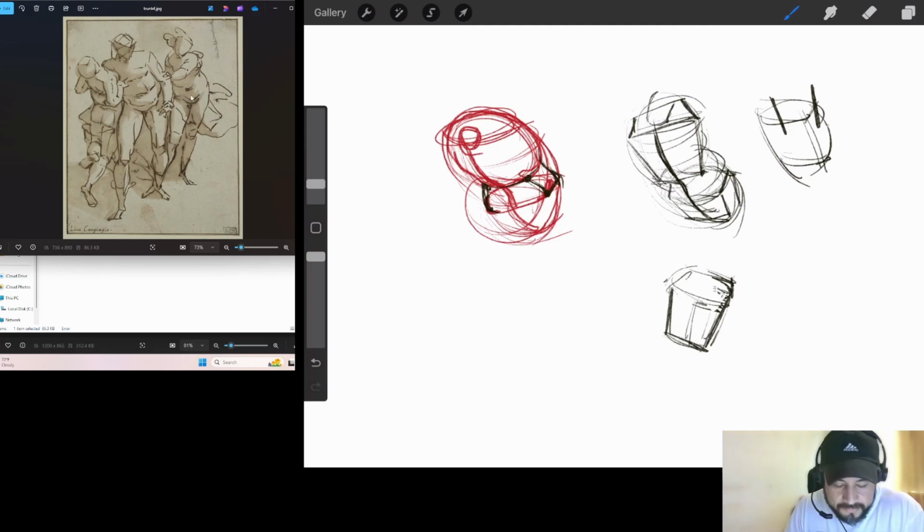That's the top of the iliac crest, and it's going away from us. So if I connected these sections, it would appear like so.